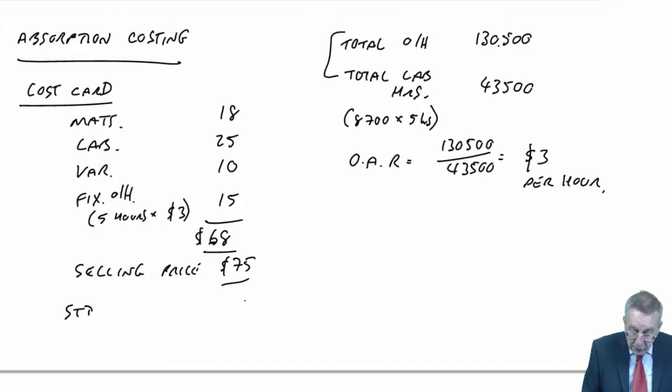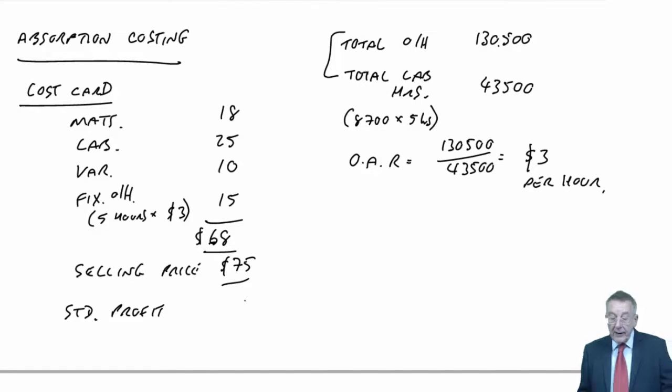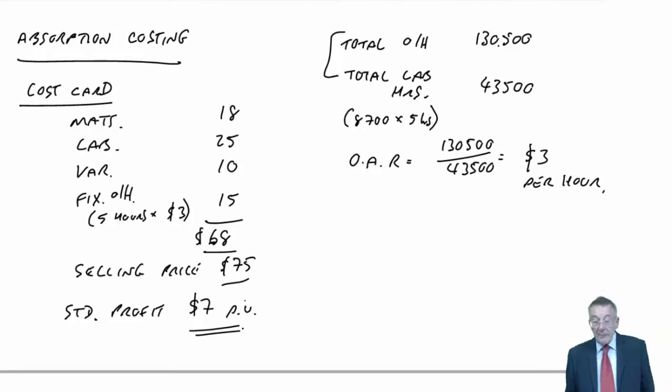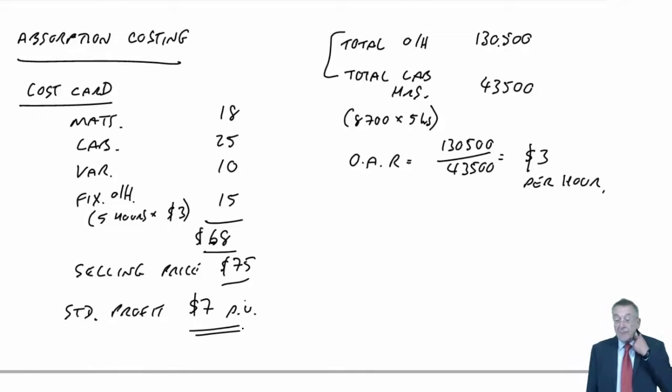So the standard profit, 75 selling price, 68 cost, a standard profit of 75 less 68. My head's going funny. Is that 17? No, 7. What am I talking about? $7 per unit. So a bit of easy revision from chapter 1. But it's absorption costing. There we are.